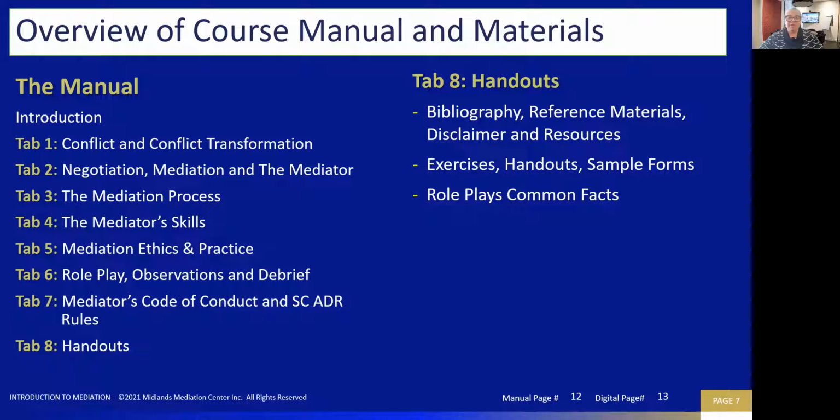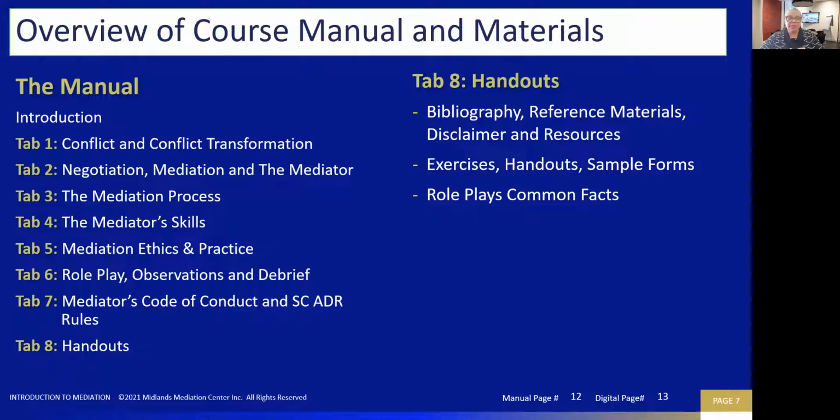Your manual covers the materials that we talked about inside of the actual course itself. There are 8 tabs to your manual, and you can pick that manual up next week from our office at 1607 Hardin Street.